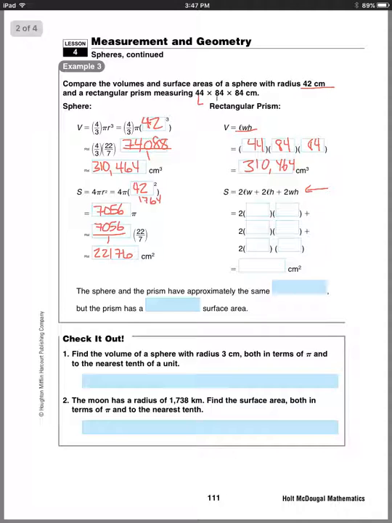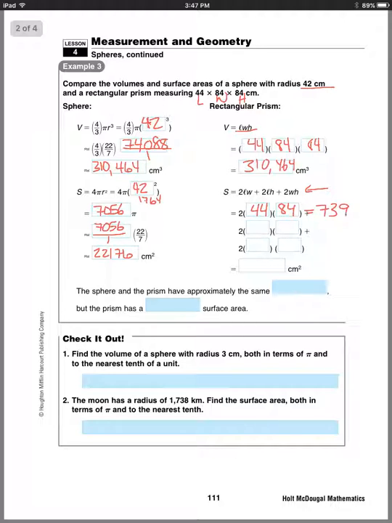This is our length, width, and height. Okay? So it says LW, that means length times width. So our length was 44, and our width was 84. Okay? Which equals, I'm going to put an equal sign right there. Wait for it, 2 times 44 times 84 is 7,392.